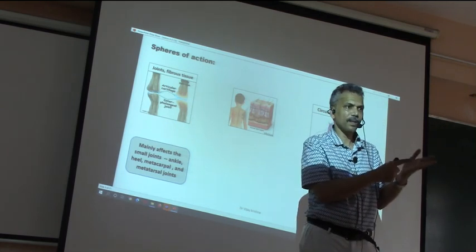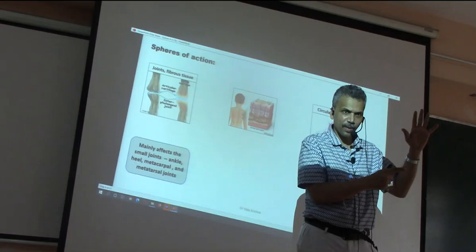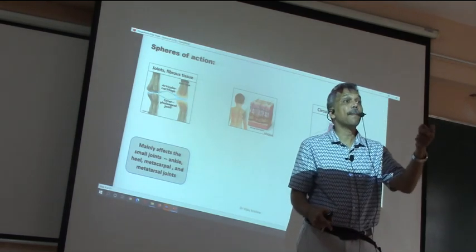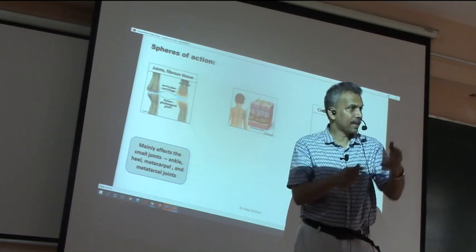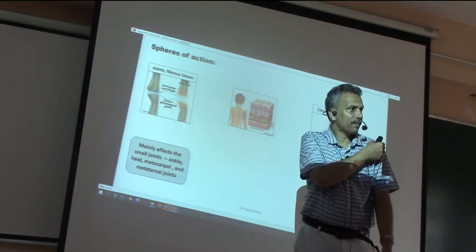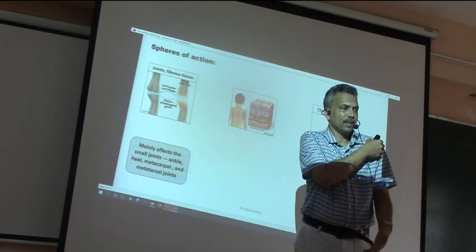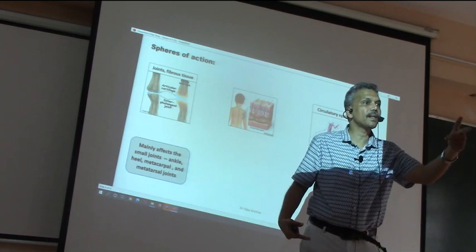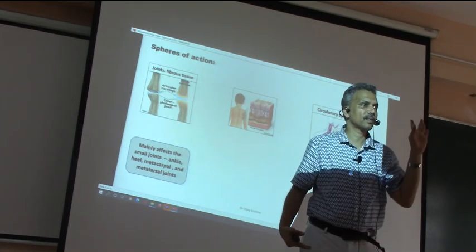For example, metacarpal is what we call, and the joints of the legs we call metatarsals. Metacarpal, metatarsal, wrist. Sometimes it can also affect the ankle, the shoulder, the hip, possible. But predominantly it affects the small joints.